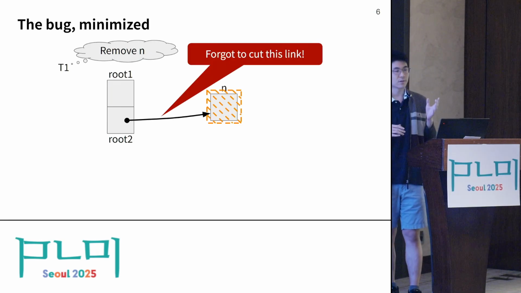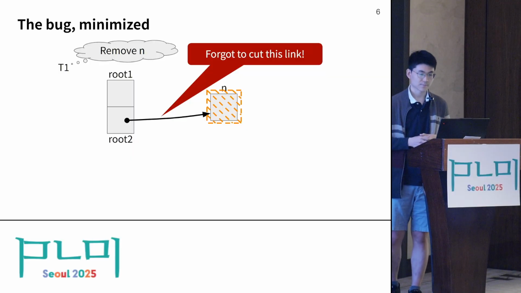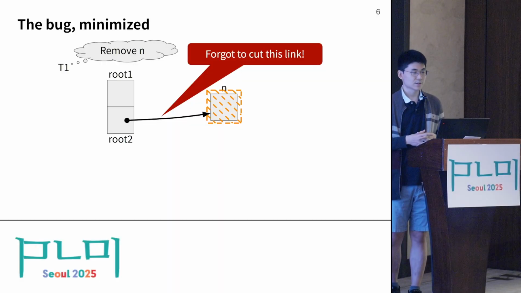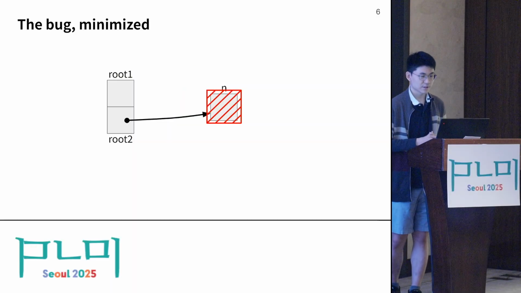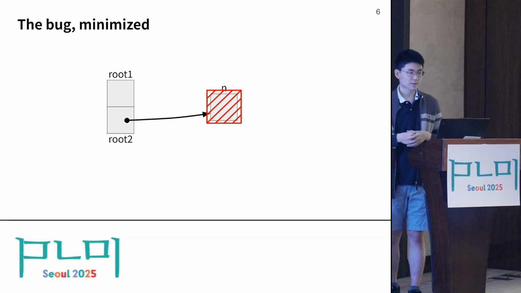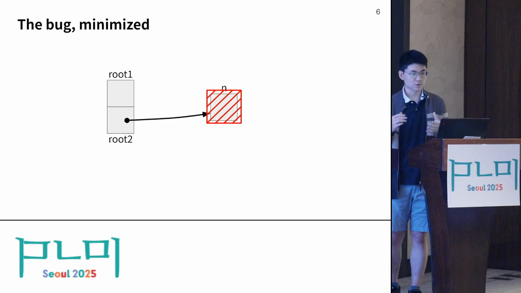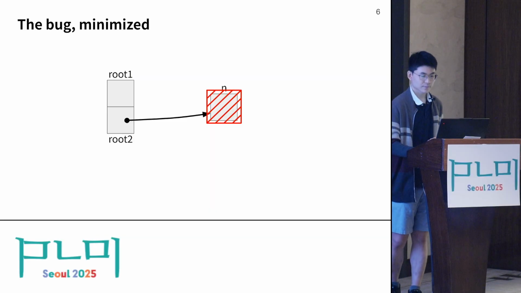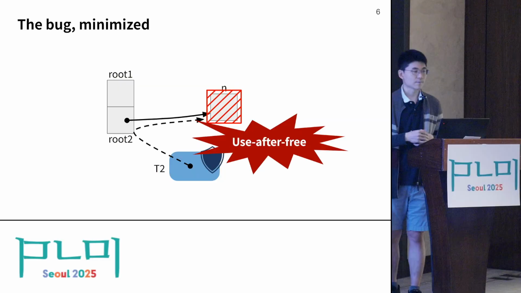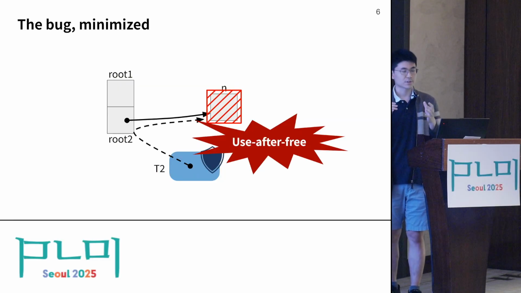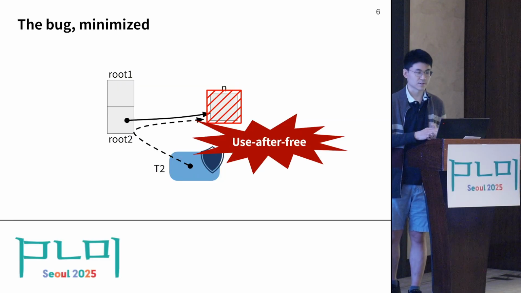We forget to cut the link from root 2, and then we just retire the node n. The problem is that RCU fully trusts you, and it sees no one is in the critical section, so it decides that it's fine to free n. But as a result, the pointer from root 2 is now a dangling pointer. So if someone follows this pointer, it will cause a use-after-free error, even if the thread is inside the critical section.